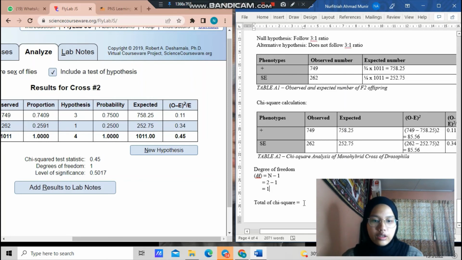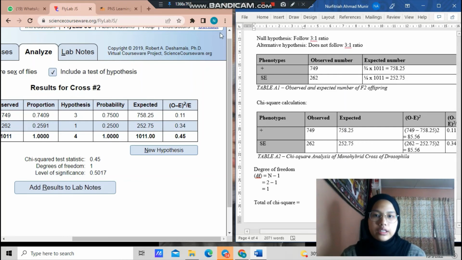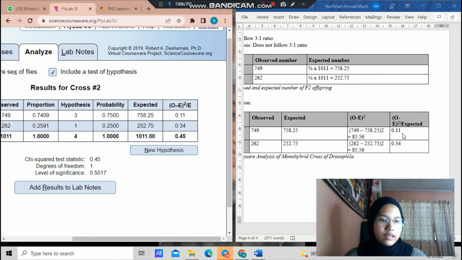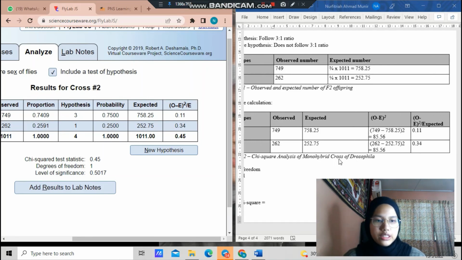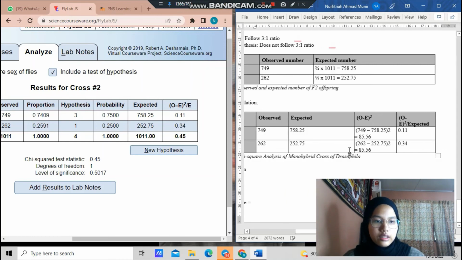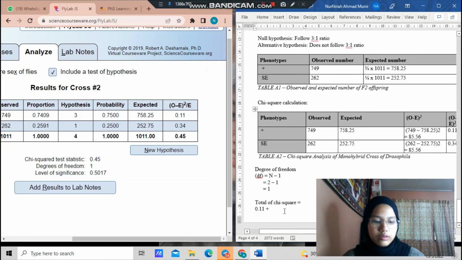Then the total of chi-square. The total of the chi-square is from this. We have to total these two, which is 0.11 plus 0.34.